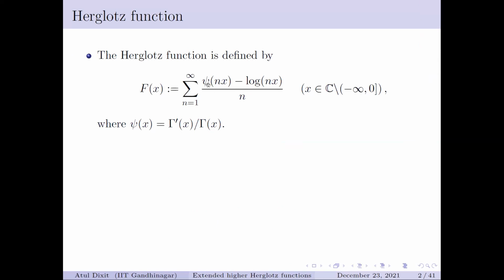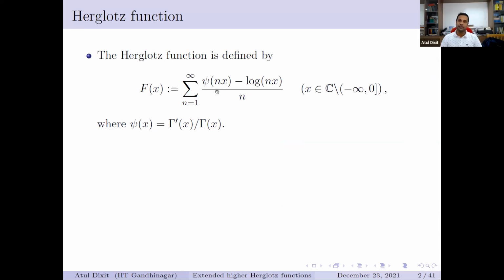Now the thing to note is that if you look at the values of psi of x as x tends to infinity, then the first term in the asymptotic expansion is log x. And so when you have psi of nx, if you subtract log nx from there, then the next term is big O of 1 by nx. And so along with this other n in the denominator, you will have absolute convergence of this series.